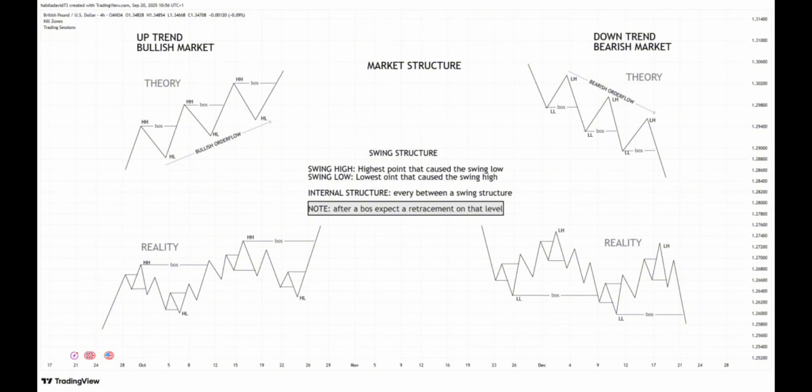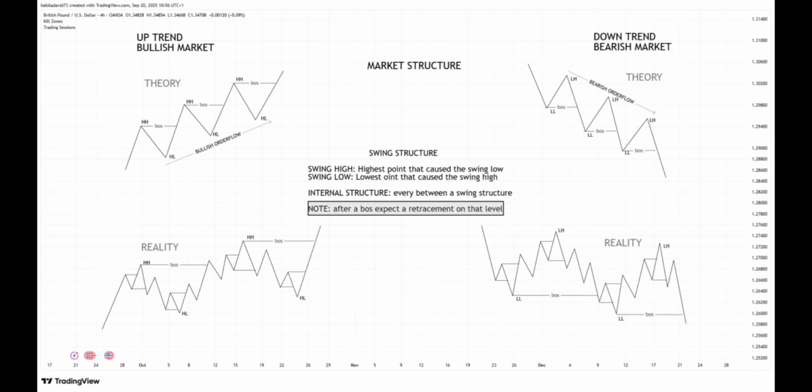The theoretical one is only used by beginners to understand the overall movement of the market and how to trade it in different conditions, be it bullish, bearish, or ranging. But in reality, the market won't move that way, because if it did, we would all be profitable within the shortest period of time.